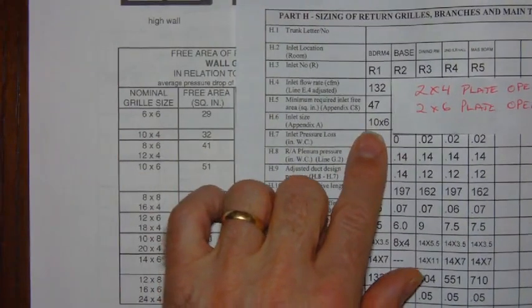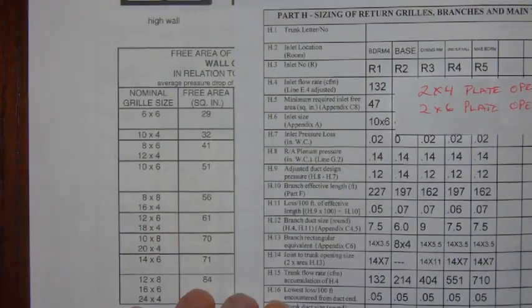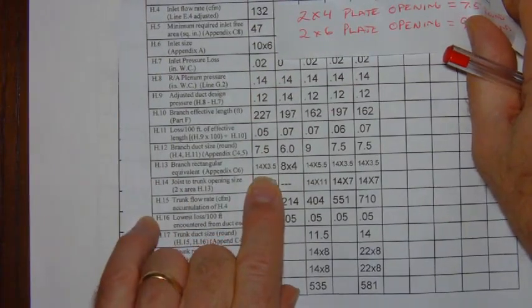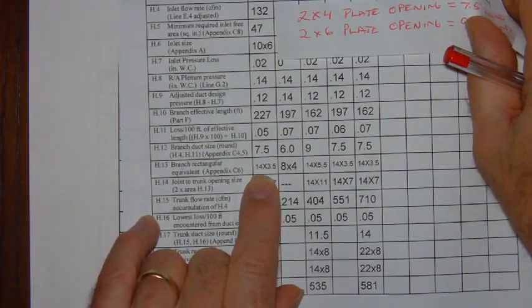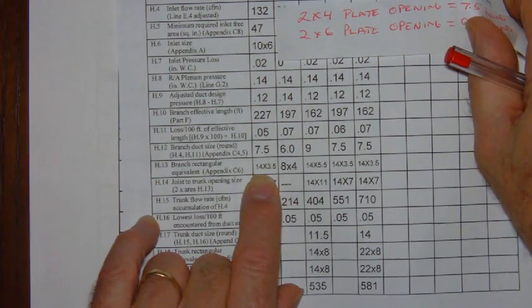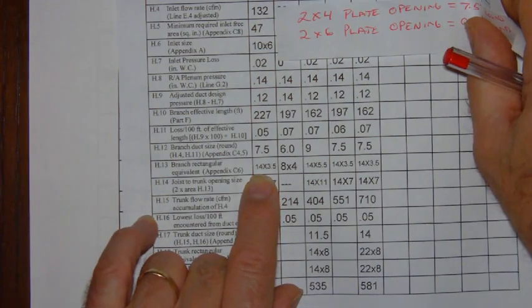And there's our 10 by 6 return grill. Finally, the branch rectangular: because this is a 2 by 4 wall, the branch rectangular is effectively the size of the stud space, 14 by 3.5 inches.